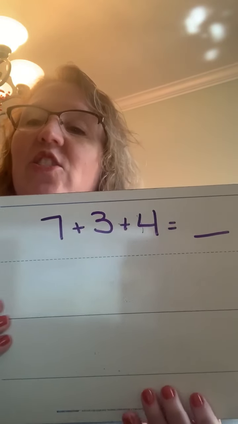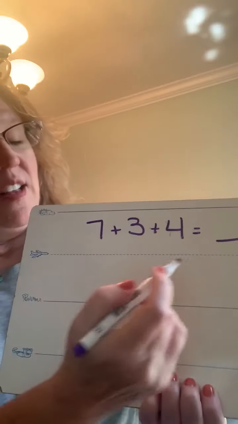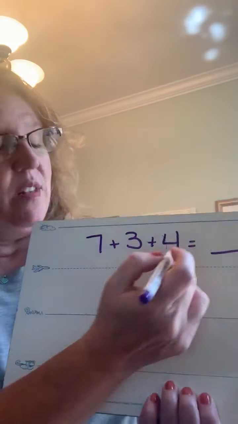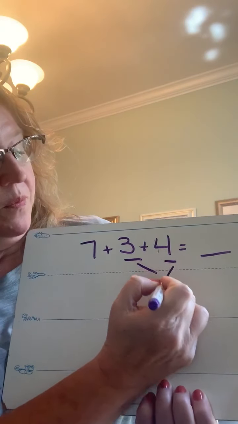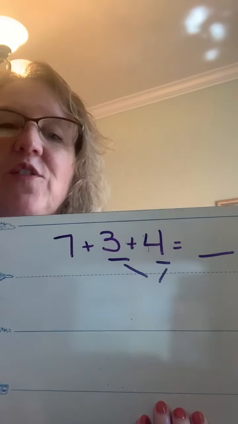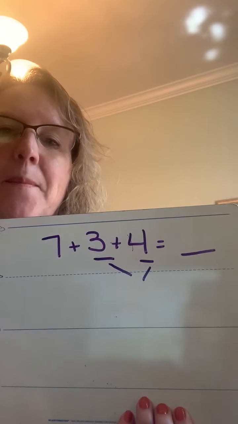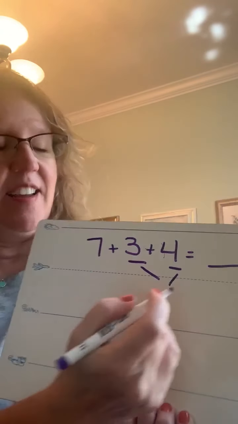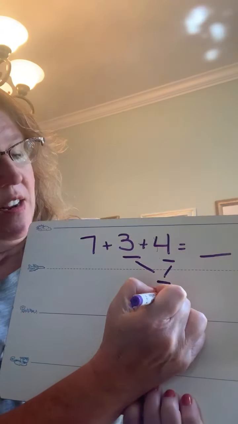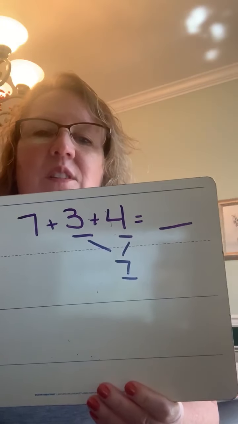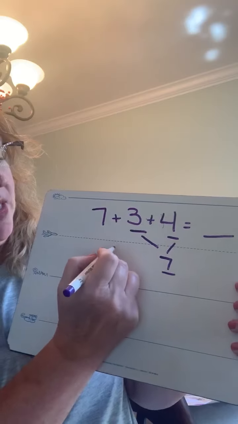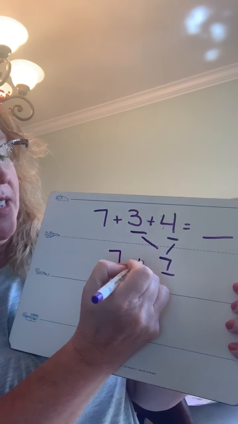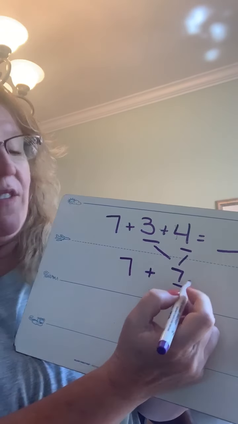It gave us the hint with those little lines to add the 3 and the 4 together. And when I add 3 plus 4, what do I get? That makes 7. So now my new problem is to bring down this 7 plus that 3 plus 4 that makes 7.